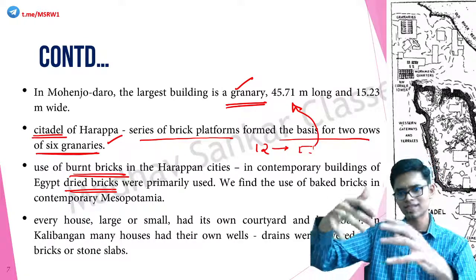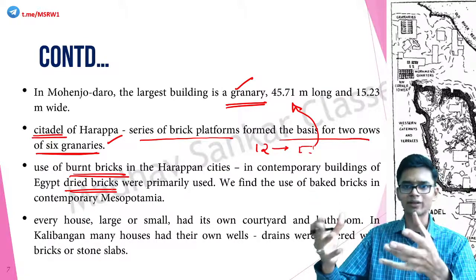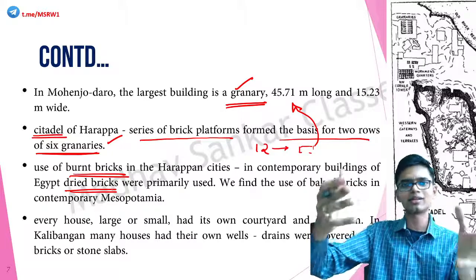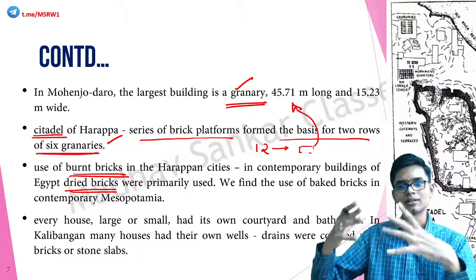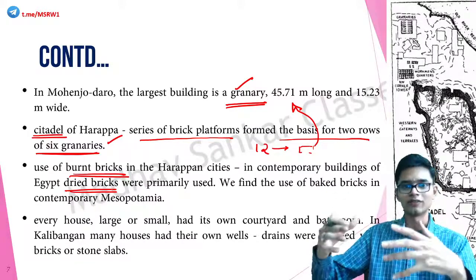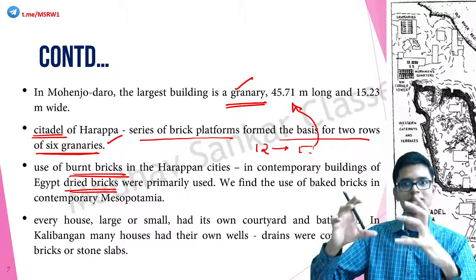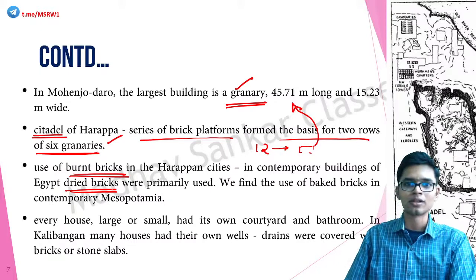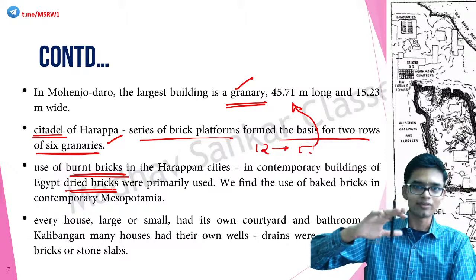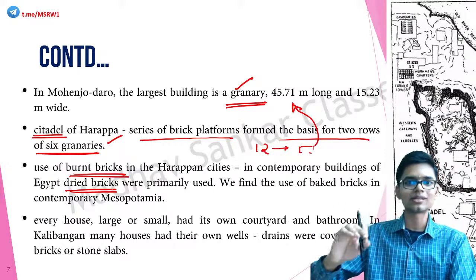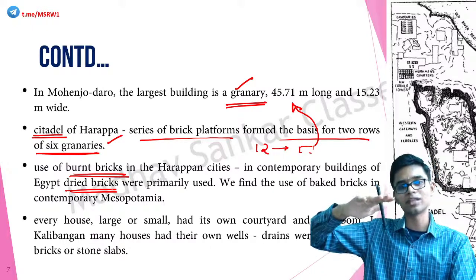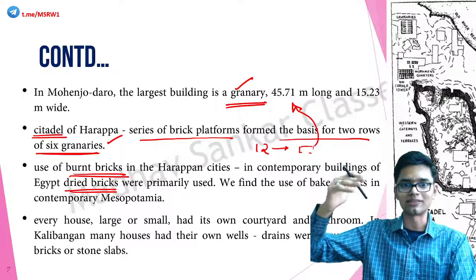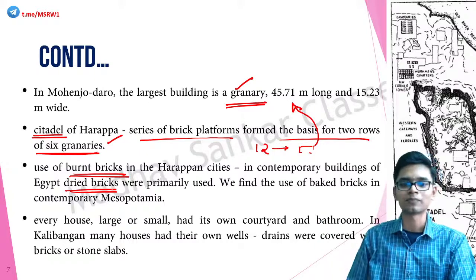Dried bricks means just making a brick out of clay or something, drying it and using it as such. But in Harappa, these bricks are actually burned, which means it is much more sophisticated, more user friendly, and much more lasting also. Clear? So from all these things, it's very easy to understand that the Harappan civilization was one of the most advanced civilizations in the world at that time.